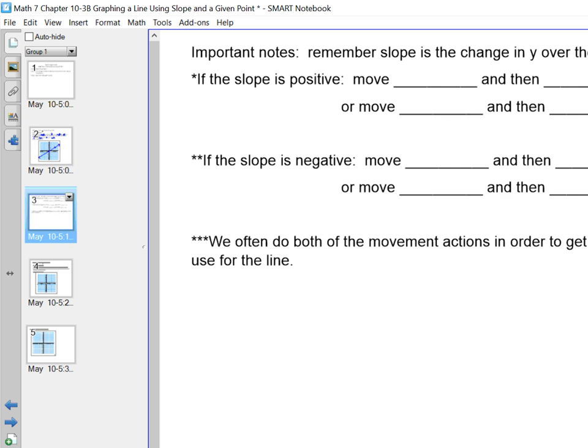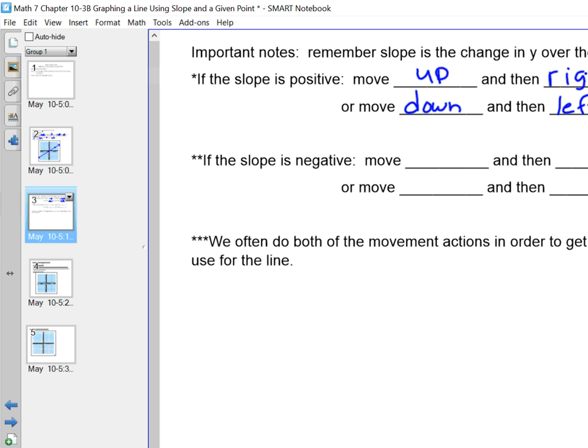Important notes. This is the part you really got to wrap your brain around. If the slope is positive, we are going to move up and then to our right, because that's positive movement. Positive and positive. We can also move down, and we can move left, because down is negative, left is negative, and a negative divided by a negative is a positive.